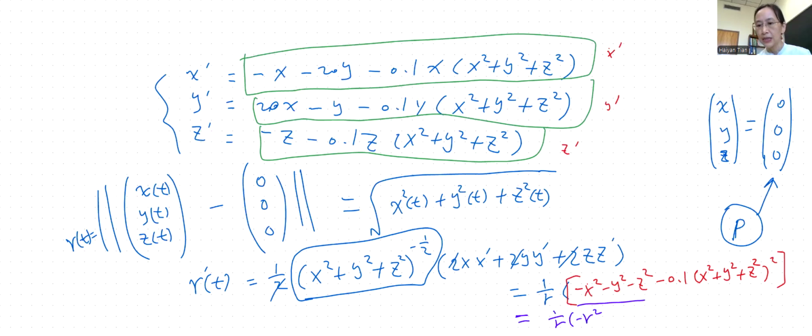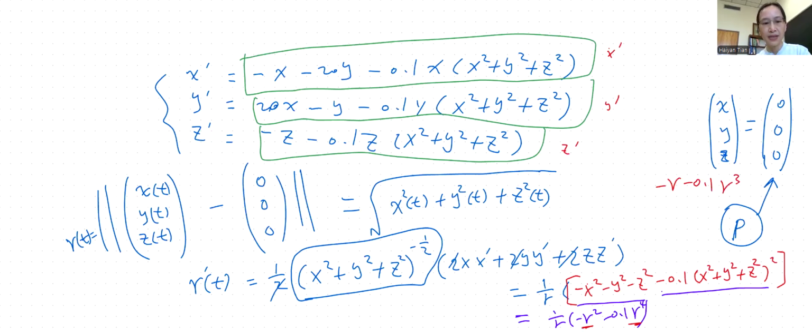This is a negative 0.1 r squared, r to the fourth. So right now what we have is, okay, we can just further simplify a little more, because r squared divided by r, and r to the fourth divided by r. So we can finally write the right-hand side as just negative r minus 0.1 r to the third power.